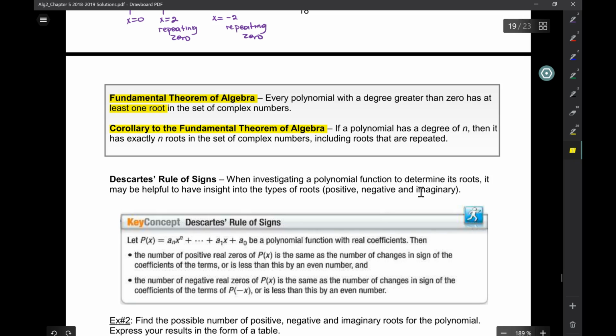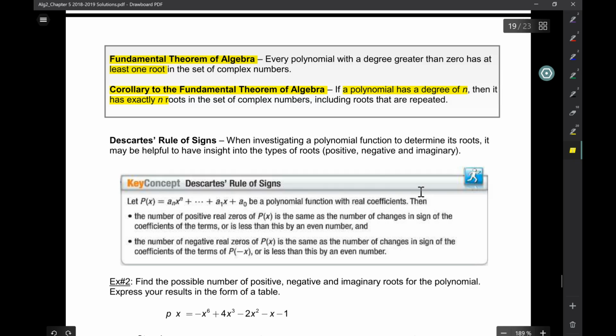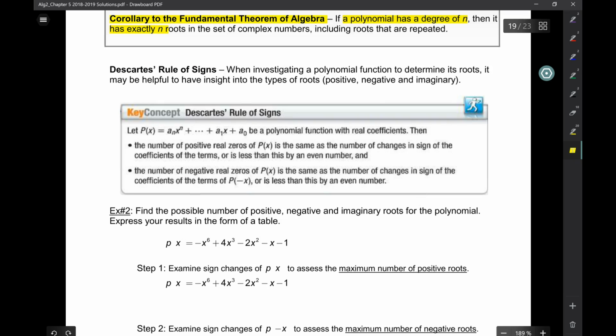In geometry, you have theorems, and then something you can figure out from a theorem is a corollary. The corollary says what we've all been doing: if a polynomial has degree n, then it has exactly n roots. If the degree is 5, it's got to have 5 roots, period.